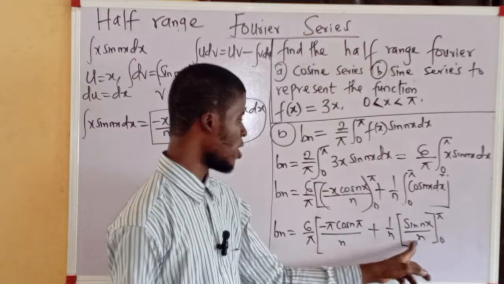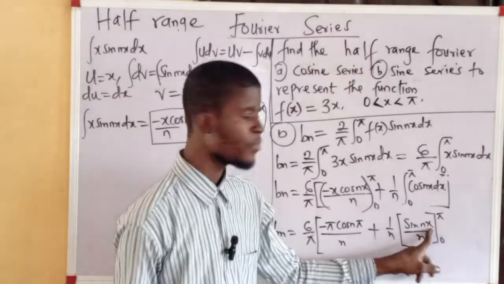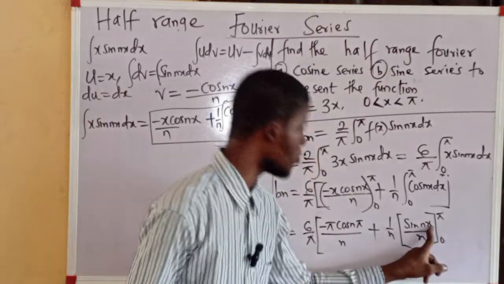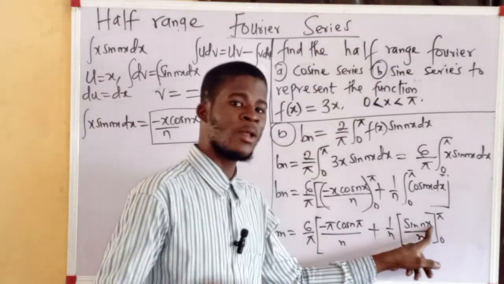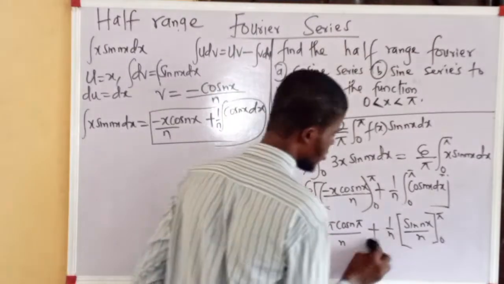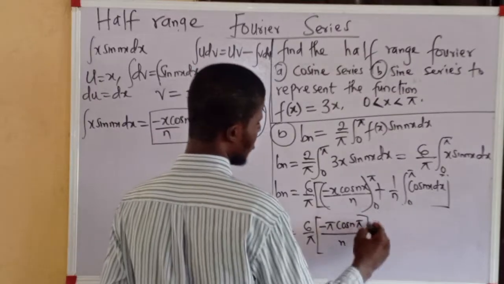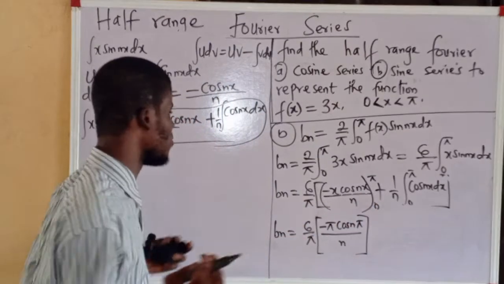Because if you plug in pi, sine n pi gives us 0. Plug in 0, sine 0 gives us 0. So 0 minus 0 is 0, and everything there cancels out. Since it gives us 0, it's out. So this is what we have left for b sub n.